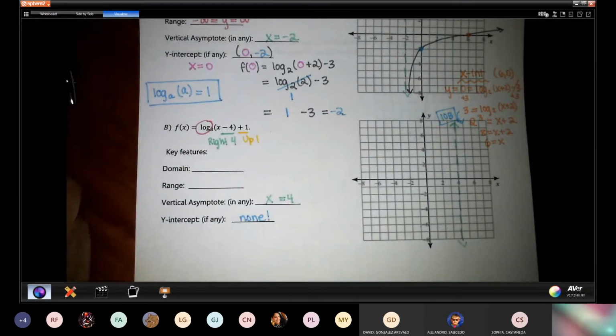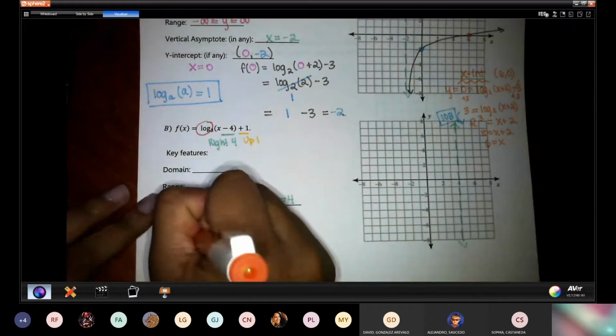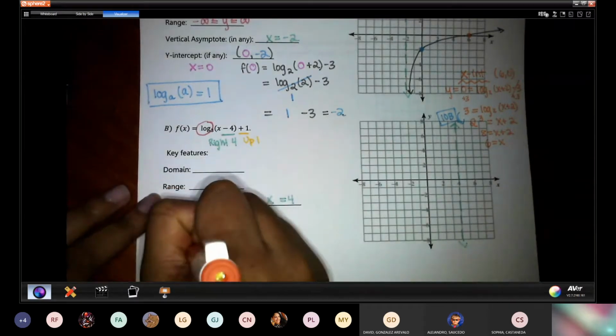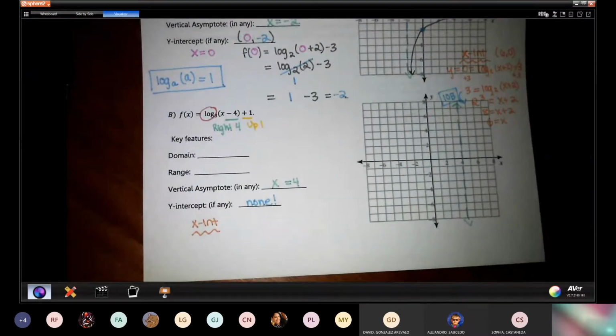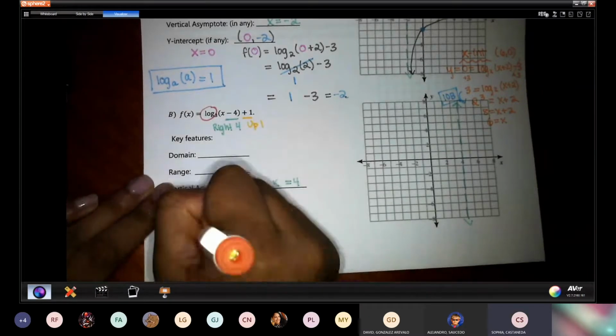If there's no y-intercept, we can find our x-intercepts. So with an x-intercept, we know that y equals 0. Exactly.